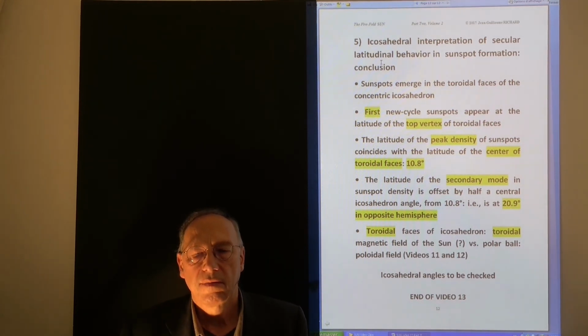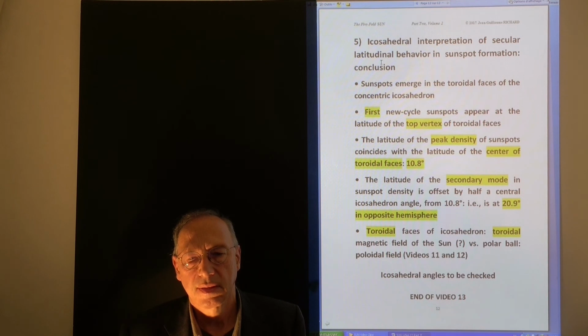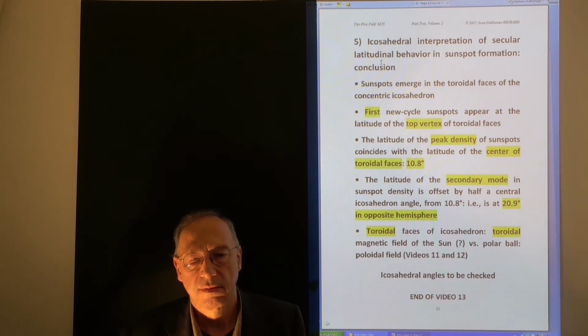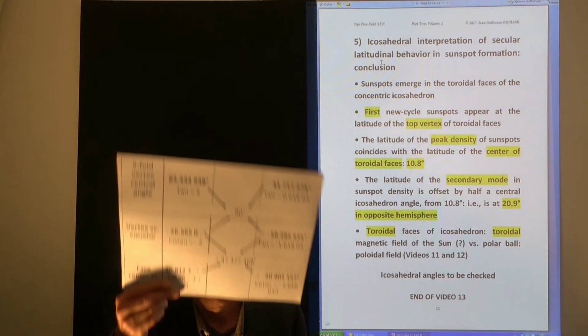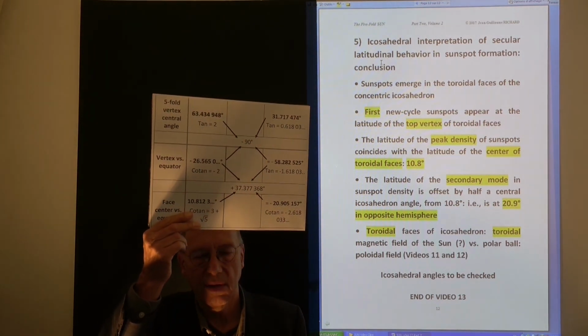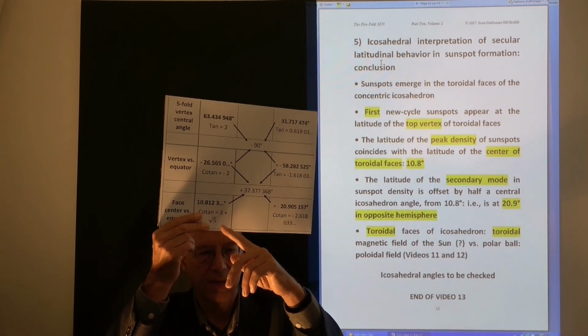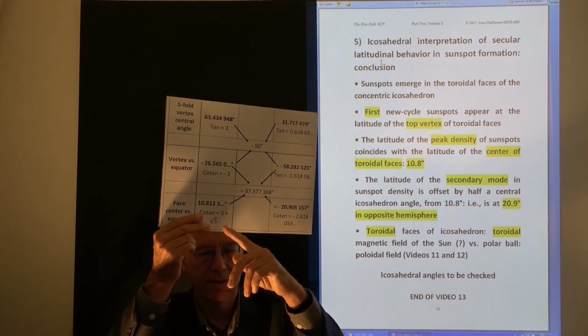If we now have a look again back at the set of icosahedral angles that had to be checked in this project to verify the presence or not of such fivefold symmetry in the solar ball, we can see that we have now here the angle of 10.8, which is now found.